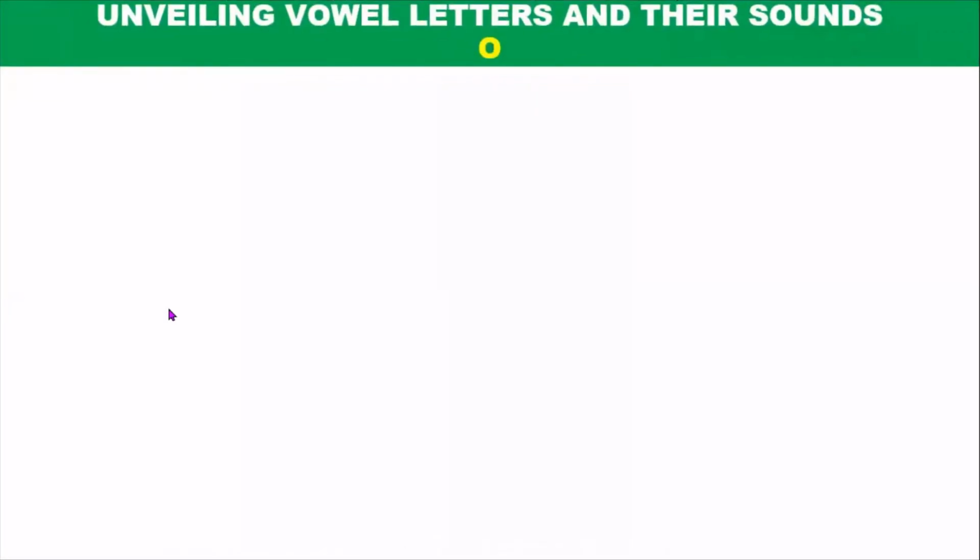Moving on, let's look at the letter O, and let's look at the sounds it represents. We want to begin with the short sound O, as you have in cup, mob, stop, dog.